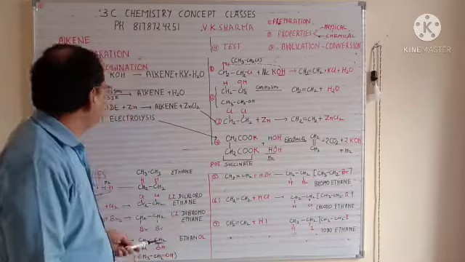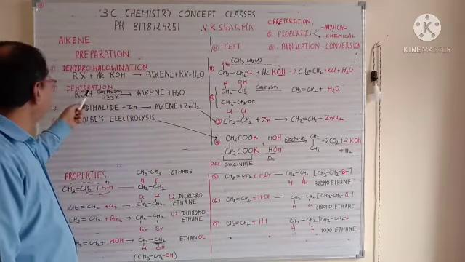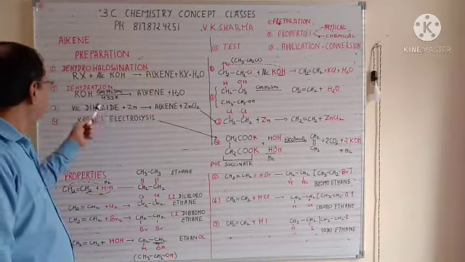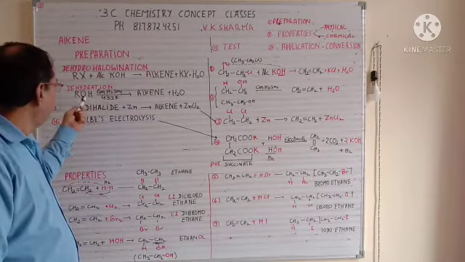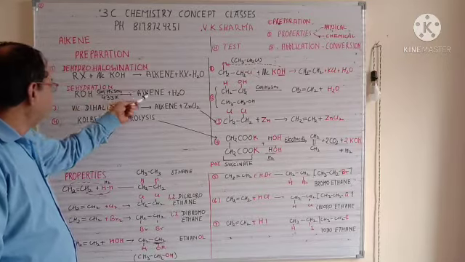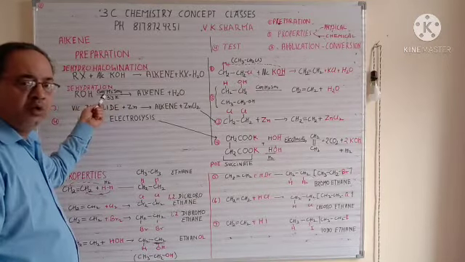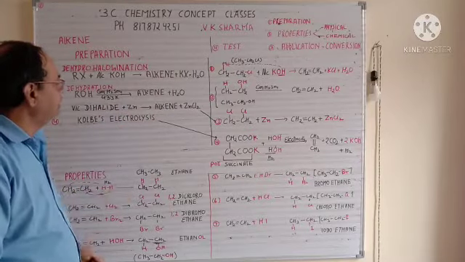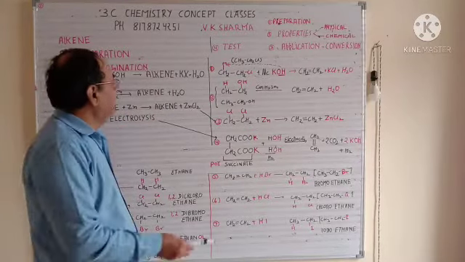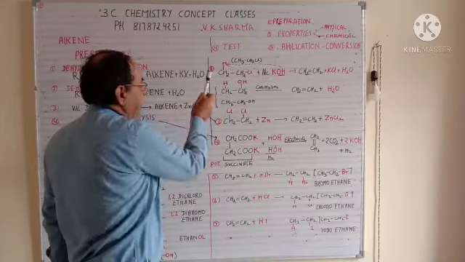Now the next example we have is dehydration, which means only removal of water. You take any alcohol with any number of carbons, and that will give you alkene in the presence of concentrated H2SO4 at 443 Kelvin. Water is removed. Let's take one example of this. Again, I have taken this H out purposely.